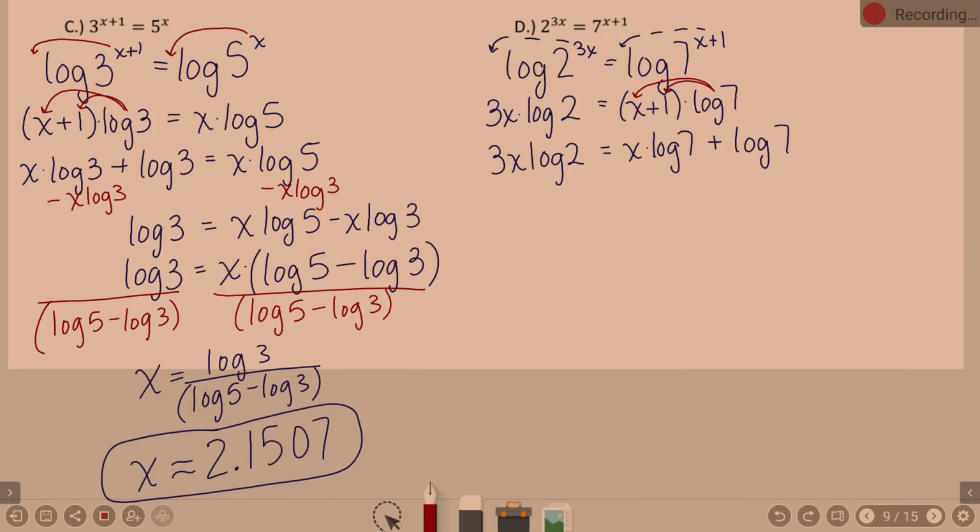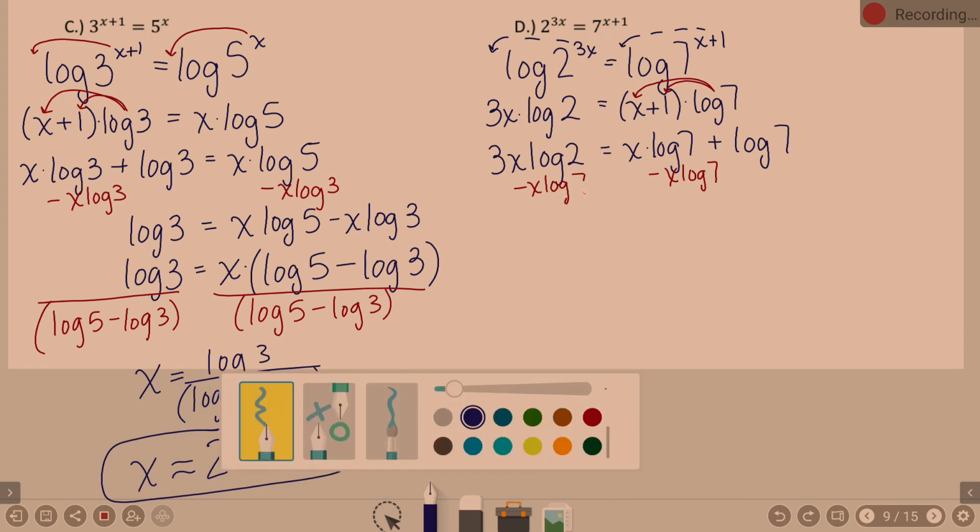Not divide it. Okay, x log 7 is being added to another term. So we're going to take this x log 7 and subtract it to the other side so that it will join our other x term. So I'm going to subtract x log 7.